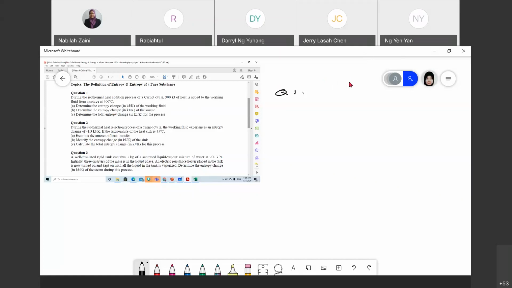So this is the source, and this is the working fluid.